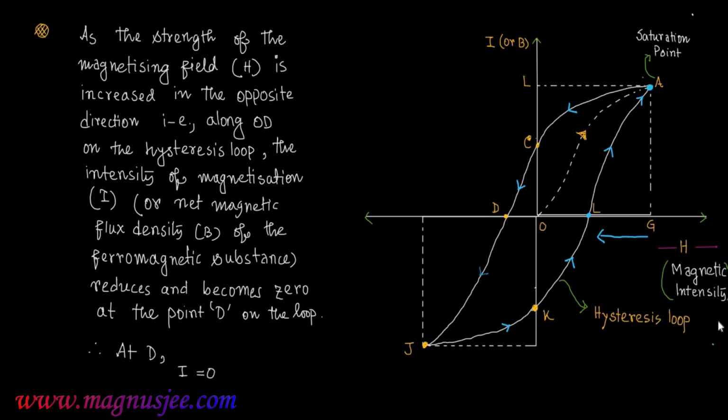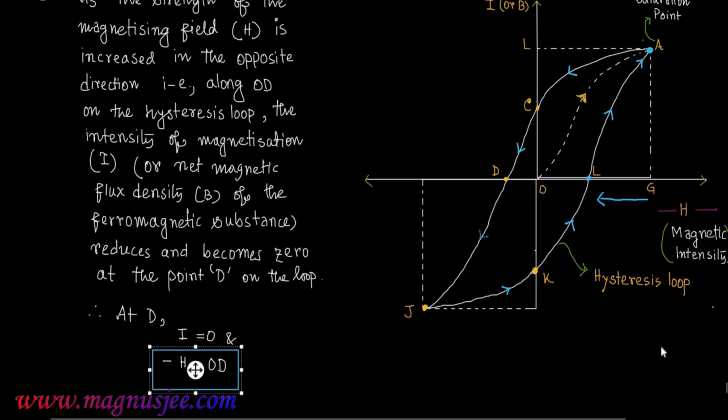Therefore, at the point D, I equals 0, meaning the intensity of magnetization will be 0, and minus H is equivalent to OD, which is the negative value of the magnetic field strength.